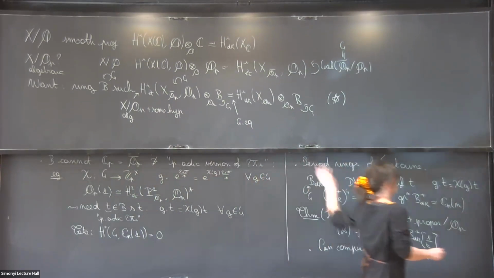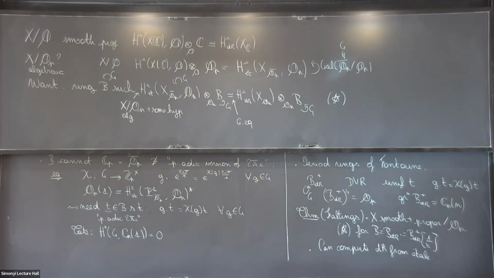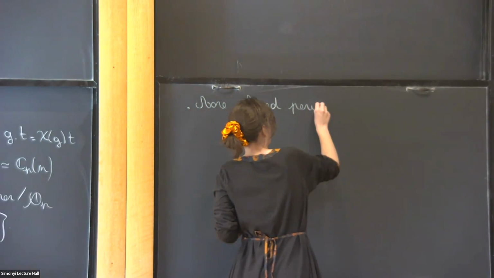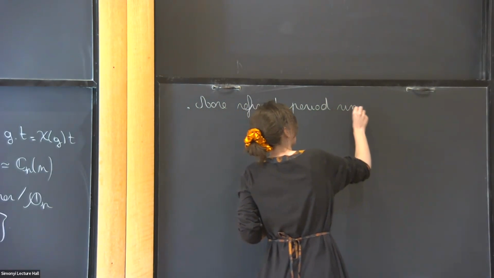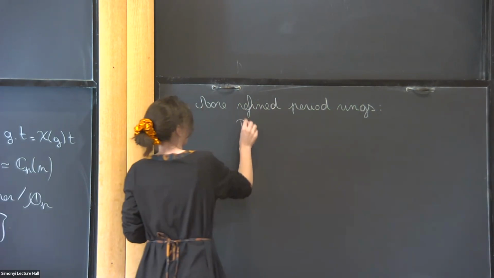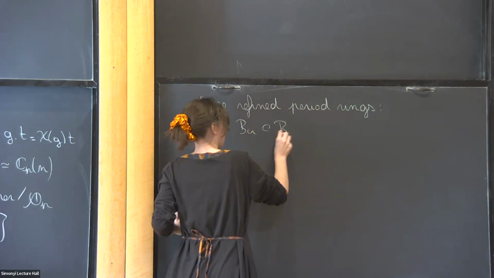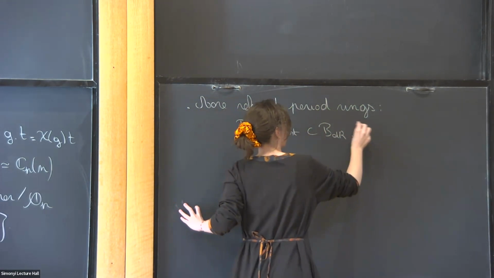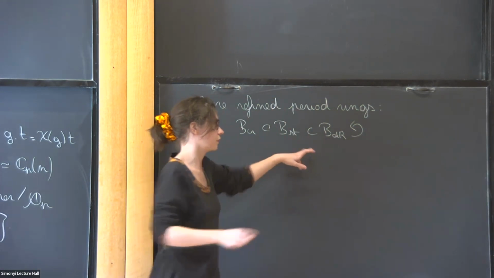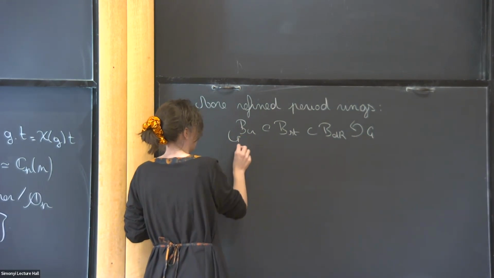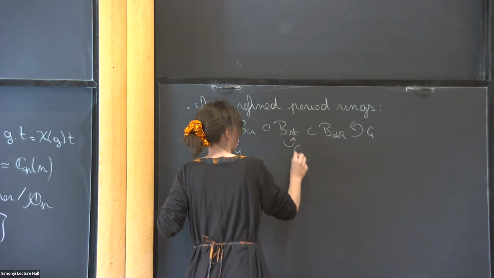We need to consider more refined period rings. There are several of them: B_crystalline inside B_semi-stable inside B_dR. On B_dR, we've seen that we have an action of G. With this action, we also have it on B_crystalline and B_semi-stable.